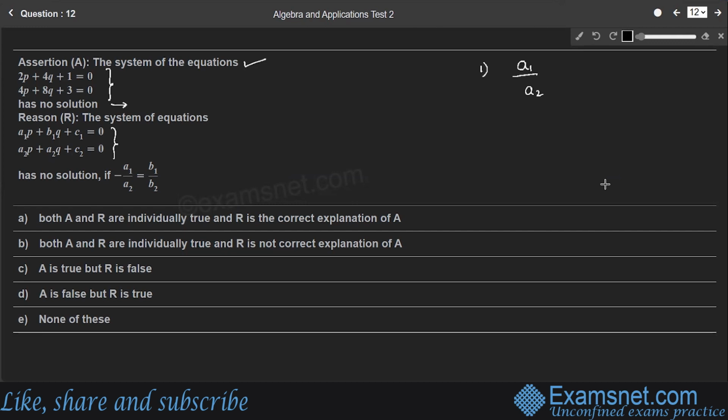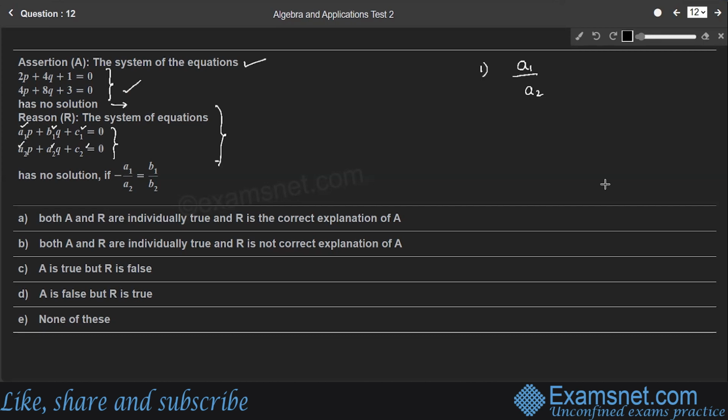Here, look at the reason R. In this system of equations, A1 and A2 are the coefficients of P in the two linear equations, whereas B1 and B2 are coefficients of Q, right? Whereas C1 and C2 are the constants, right? So in a particular case, in the first system of equations, 2 and 4 are A1 and A2 respectively. 4 and 8 are B1 and B2, where 1 and 3 are C1 and C2 respectively, right?